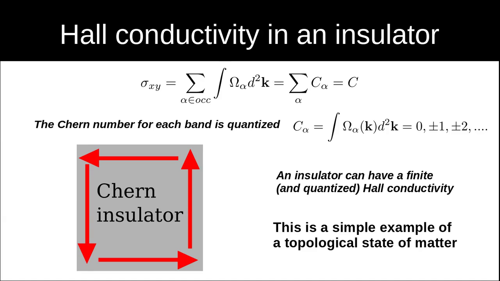So if you think about the top edge, you have a state that propagates to the left, but there's no state that propagates to the right in the top edge. And in the bottom edge, you have a state that propagates to the right, but there's no state that propagates to the left. A state that propagates only in one direction is what is called a chiral state.